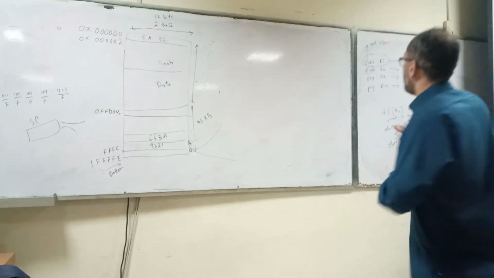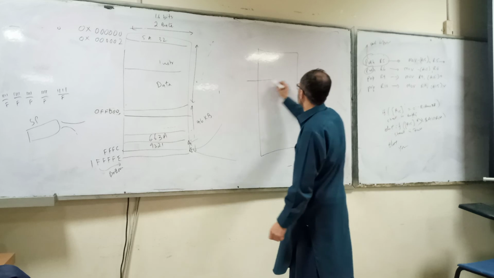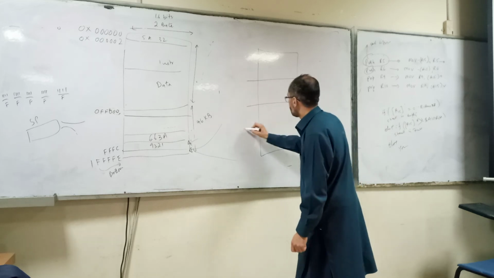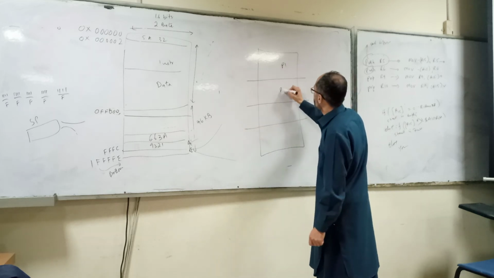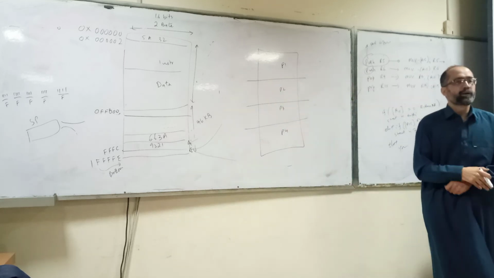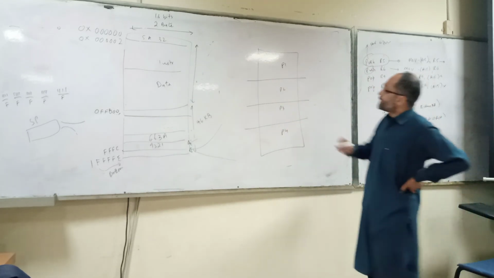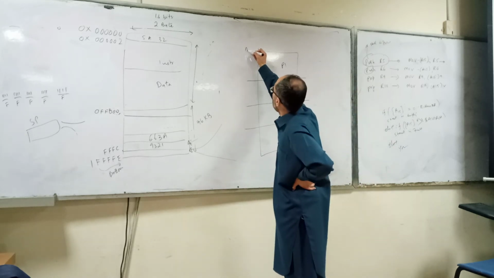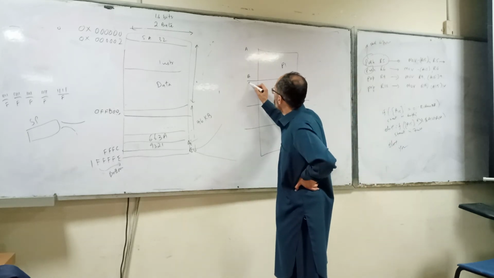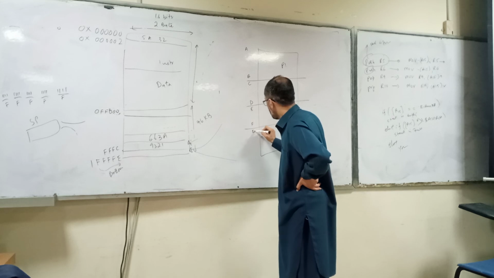Let's assume we have 4 programs currently running: P1, P2, P3 and P4. Now let's assume the base addresses are A, B, C, D, E, F, G and H.